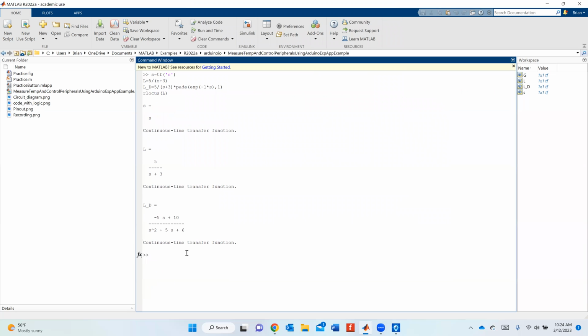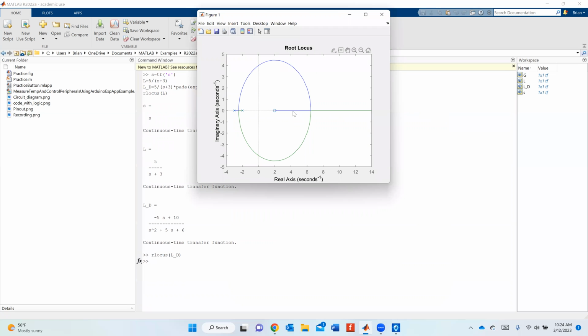And then when we added the delay block in here, so just now plotting the root locus with the delay, here we go. It introduced a pole and zero because of the Padé approximation.